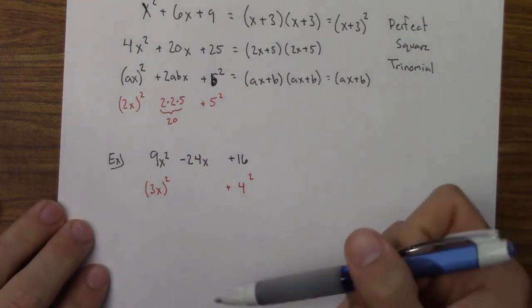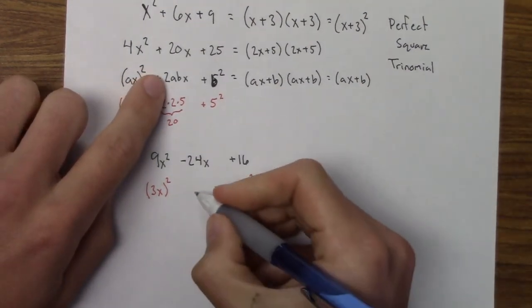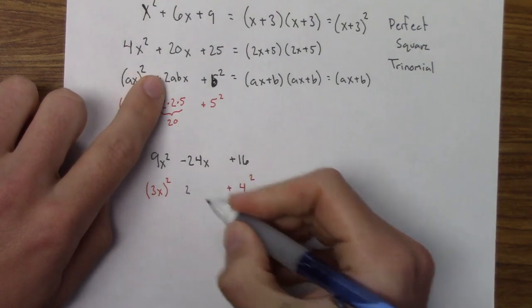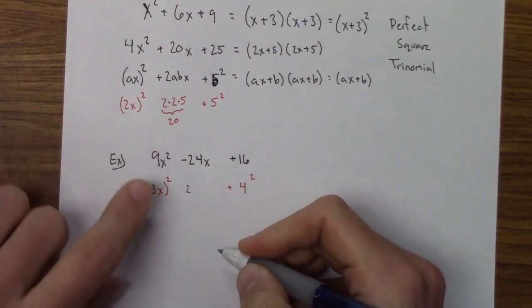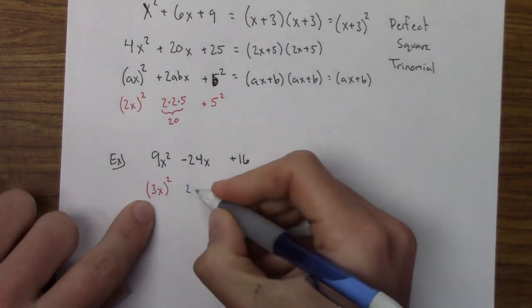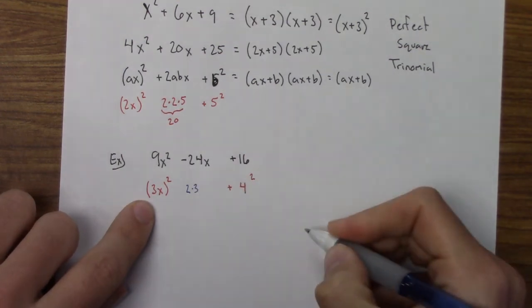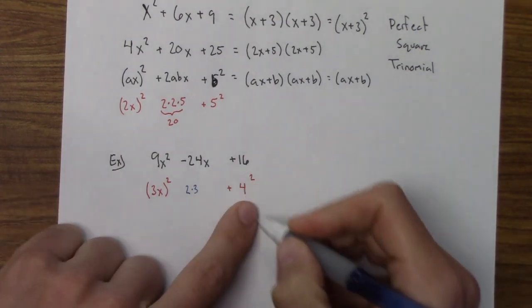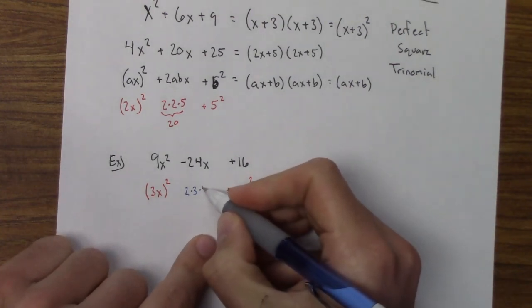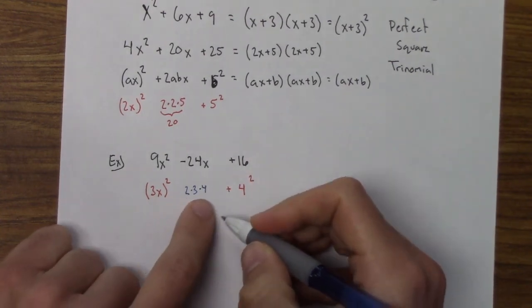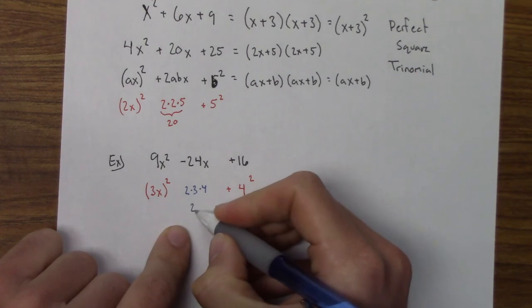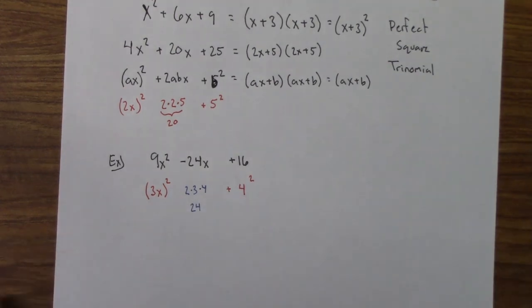That middle term is going to be made up of my blueprint by a 2, the number in front of x, which is a 3, and the number at the end, which is a 4. And if I multiply that 2 times 3 times 4, I do in fact get 24.